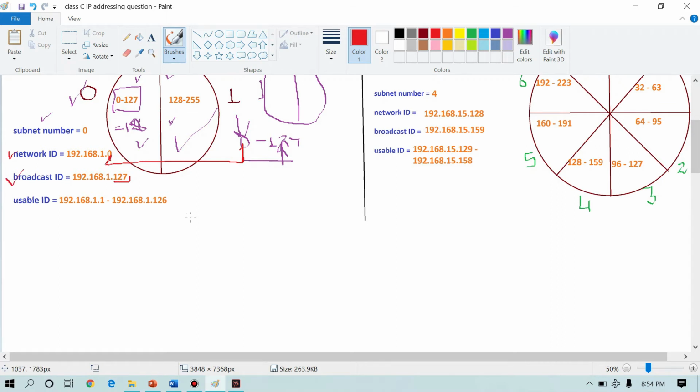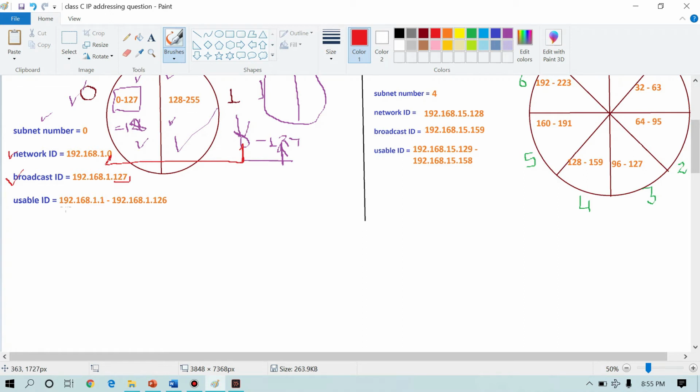Now, how many usable IDs do we have? That means how many IDs we have which we can distribute to our hosts. As I have written, 0 is reserved for what? Network ID, and the last bit, which is 127, is reserved for broadcast ID. So in between these, all the bits are usable.